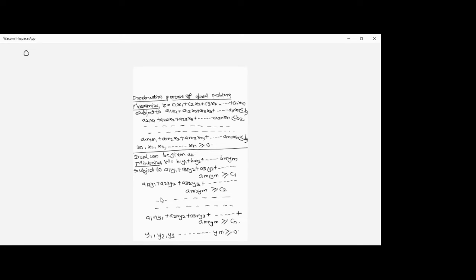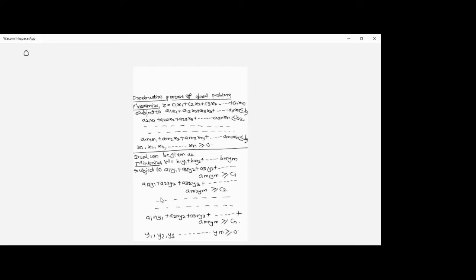Now you will see the variables are different. Earlier x1, x2 and x3 were the variables, and here y1, y2 and y3 are the variables. These y1, y2, y3 are called the dual variables.